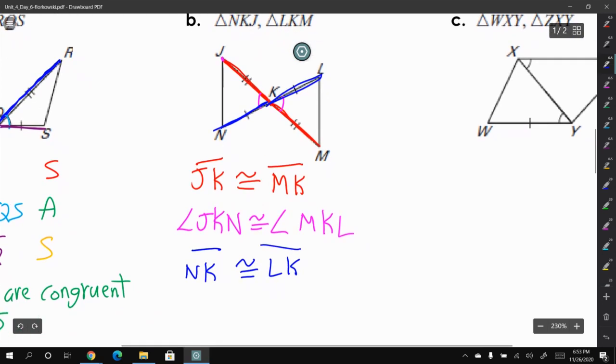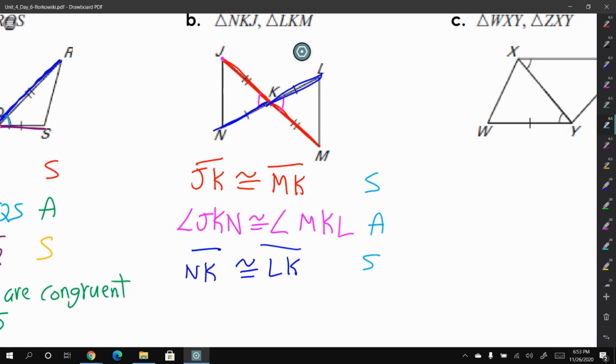So we have one pair of congruent sides, one set of congruent angles, and another pair of congruent sides. So we have 2 pairs of congruent sides and an angle that's congruent, but you need to check to make sure that the congruent angle is the included angle in both triangles. On the left, the congruent angle that I have in pink is the included angle between my red and blue side in the left triangle.